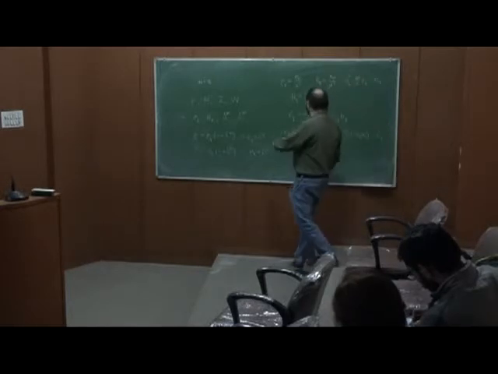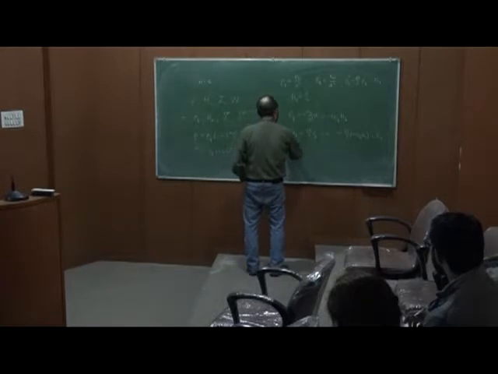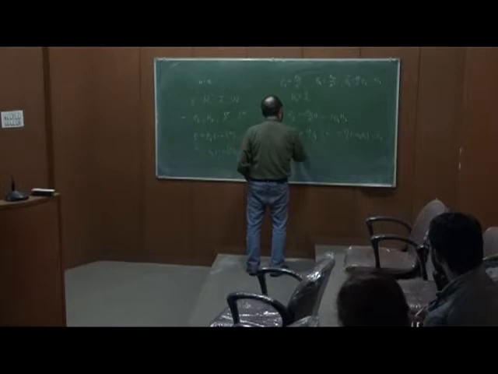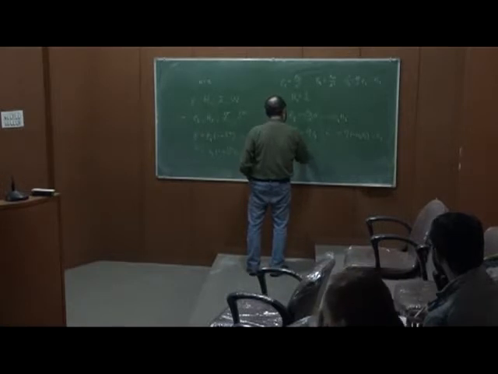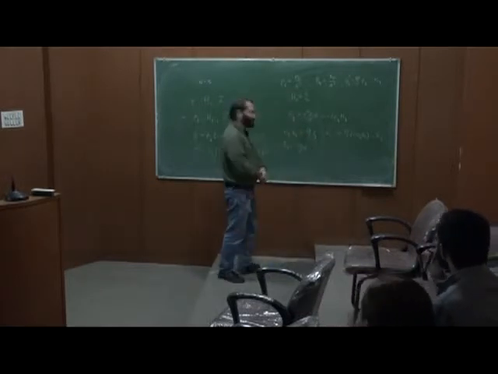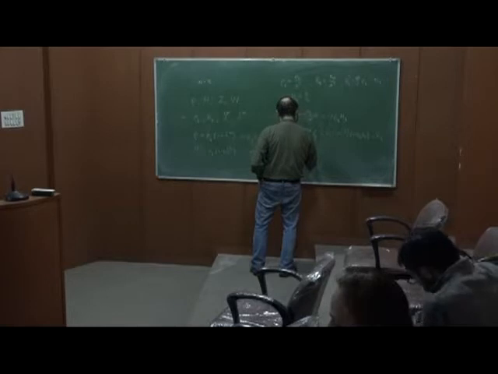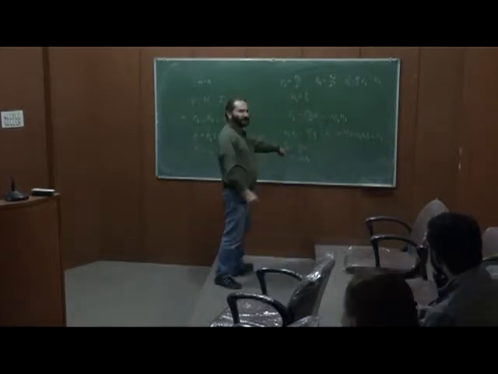Okay, so we have this. Now, kq dot is equal to minus 2 kq 0 aq dot, right? But this is nothing other than minus 2 kq hq, right? You see this?